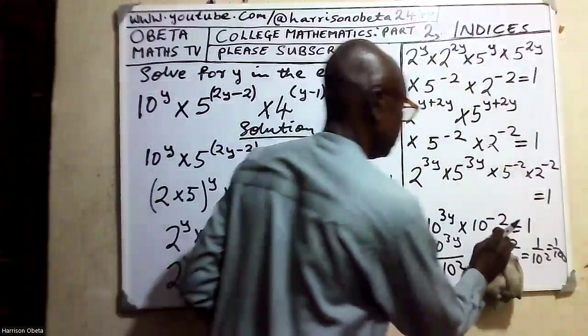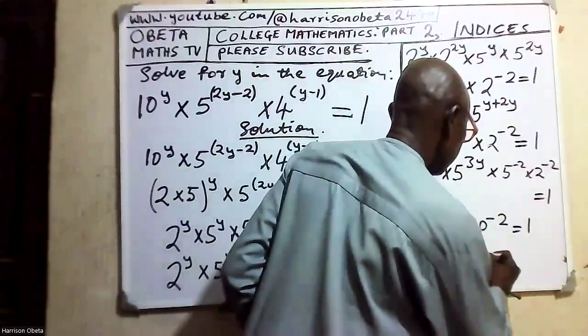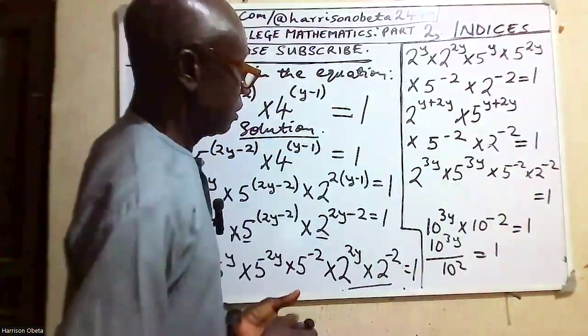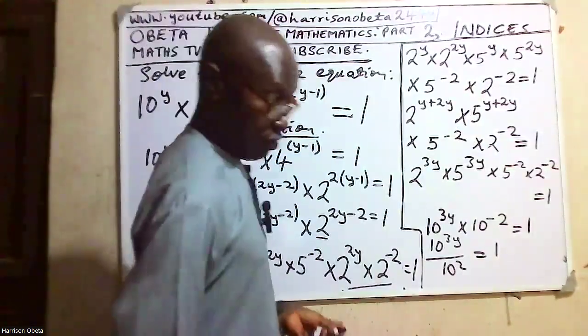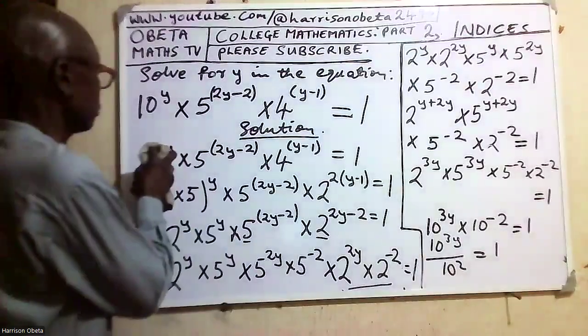So take note of that. And then that means this is equal to 1. Well, we can cross multiply, and if we cross multiply, we can come back here to continue.